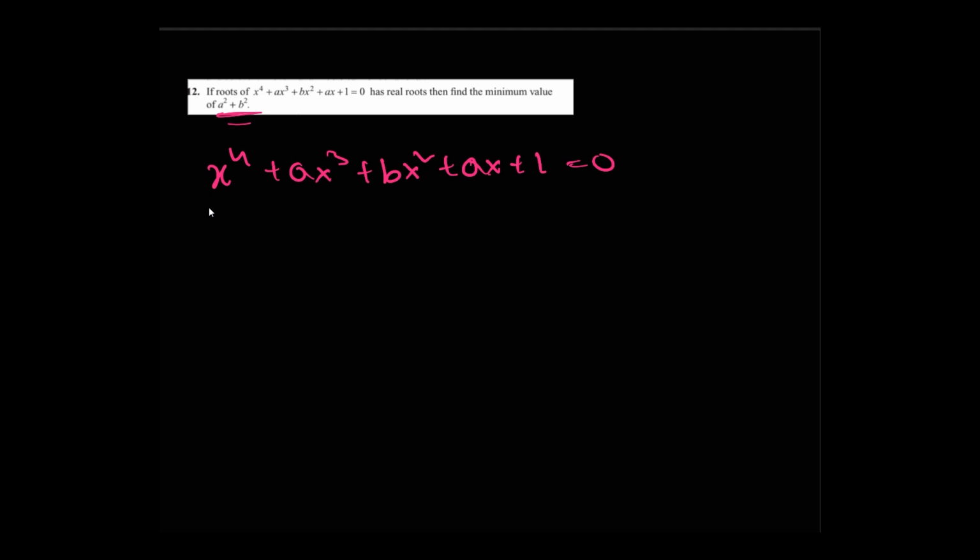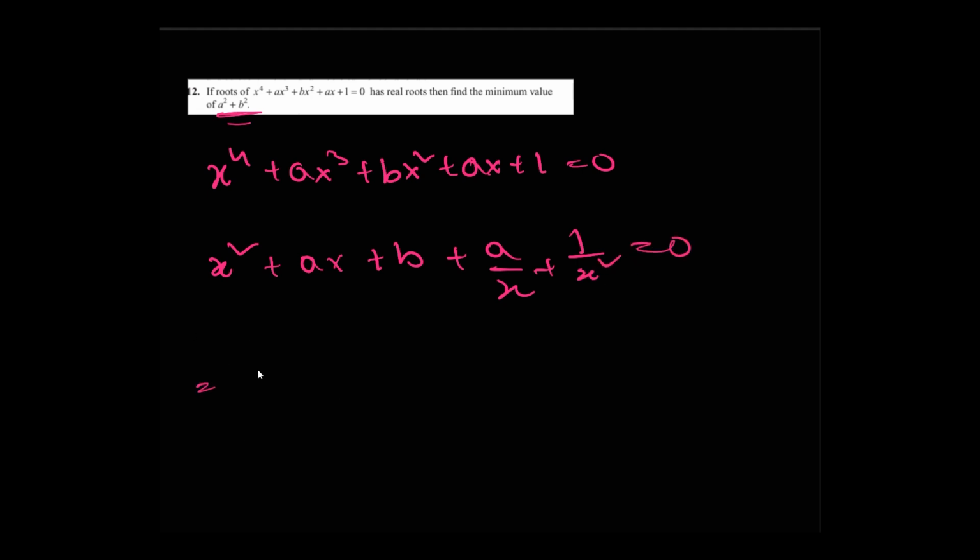Now we should make this into a quadratic equation. As this is symmetric about x square, divide the whole equation by x square. We get x square plus a x plus b plus a by x plus 1 by x square equals 0.